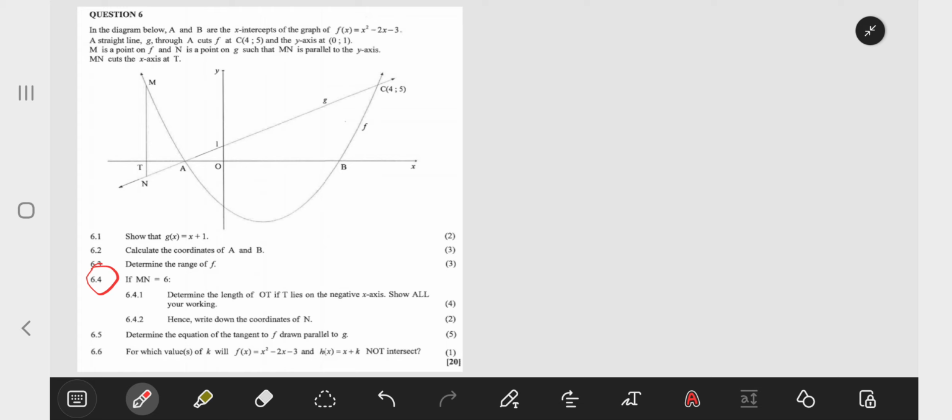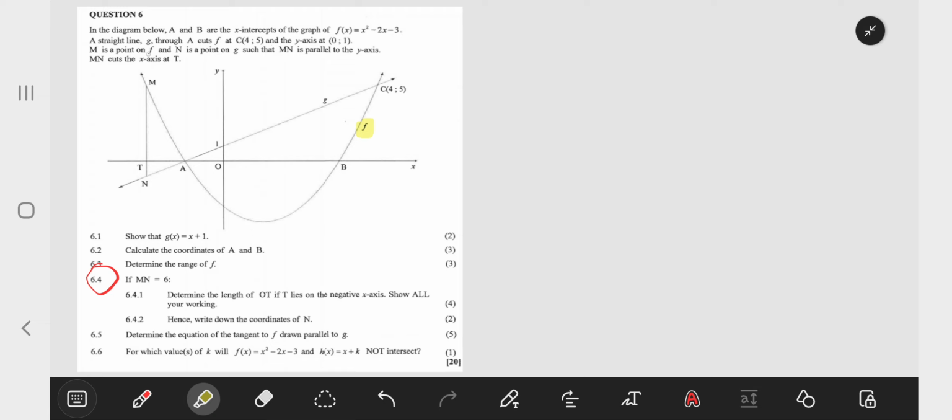Alright, so asicale ngale instruction lapha phezulu. In the diagram below, A and B are x-intercepts of f of x, and f of x is the quadratic function, right, whereby it is x squared minus 2x minus 3.